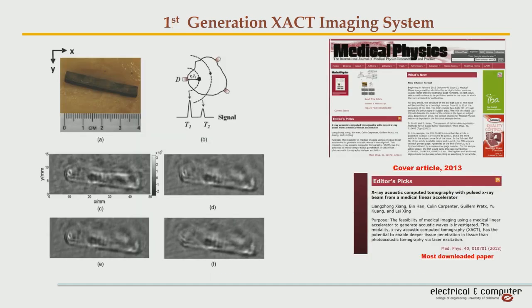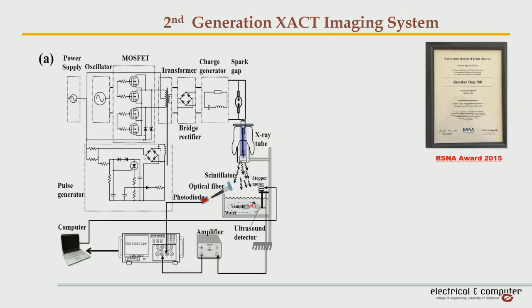And then we also did the images. To be honest, these images are ugly, but that's one of the first images we got. Because we know one of the limitations of this imaging technology is the pulse width. So we are looking at a very narrow pulse width. Rather than 5 microseconds, how about nanoseconds?